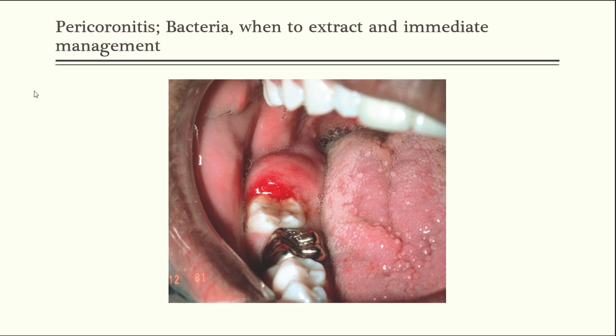We do daily irrigation by the patient, of course, and if the patient comes to us as an acute case, we can extract the upper wisdom and do irrigation of the swelling that's present. We do irrigation to relieve the pus and the food particles.